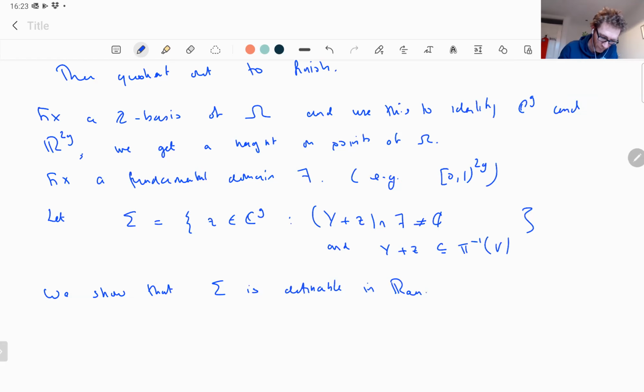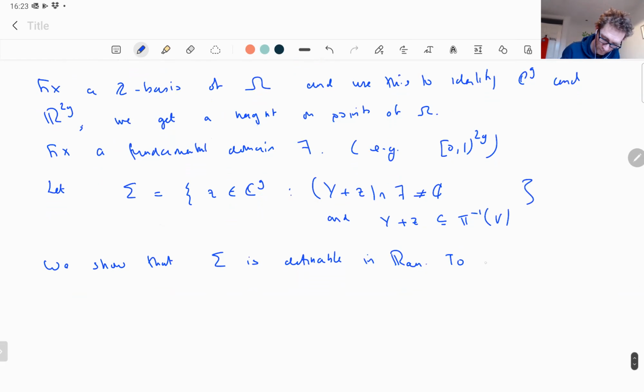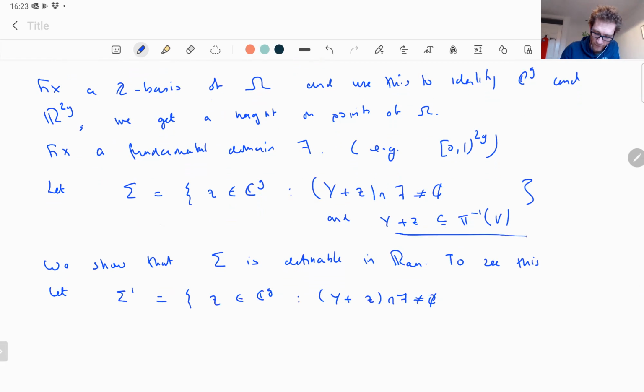Okay, so to see this, I'll show that it's equal to something else, which is clearly definable. So let sigma prime be the z in C^g such that Y plus z intersect F is not empty. And we have this after intersecting with the fundamental domain.